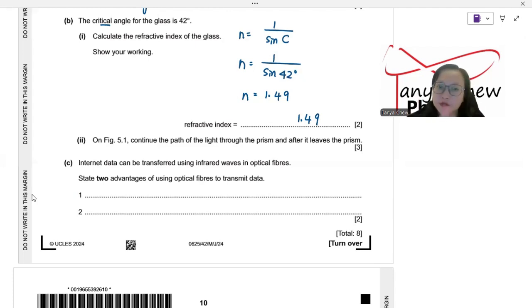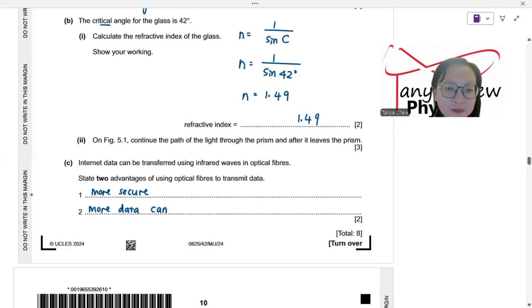Because optical fiber uses infrared, which is one of the electromagnetic waves that travels with the speed of light in vacuum as well as in air, the speed of your internet will be very fast compared to before. I would say that it is more secure and more data can be transmitted at one time.